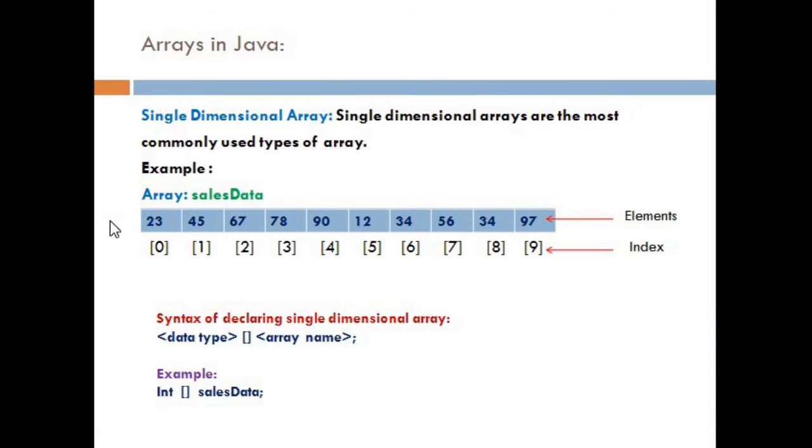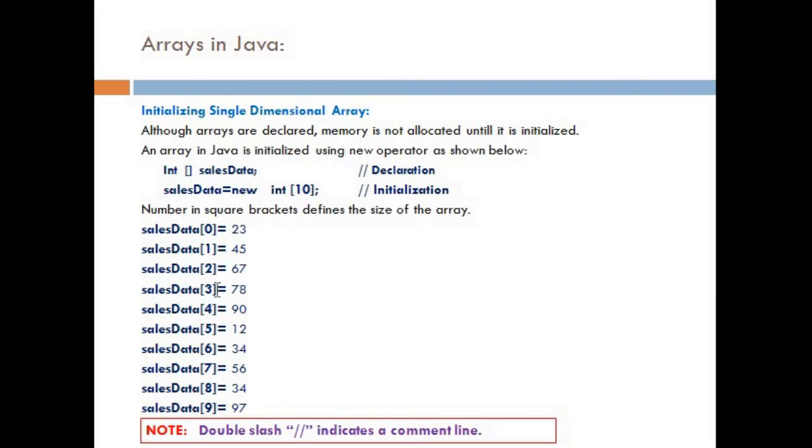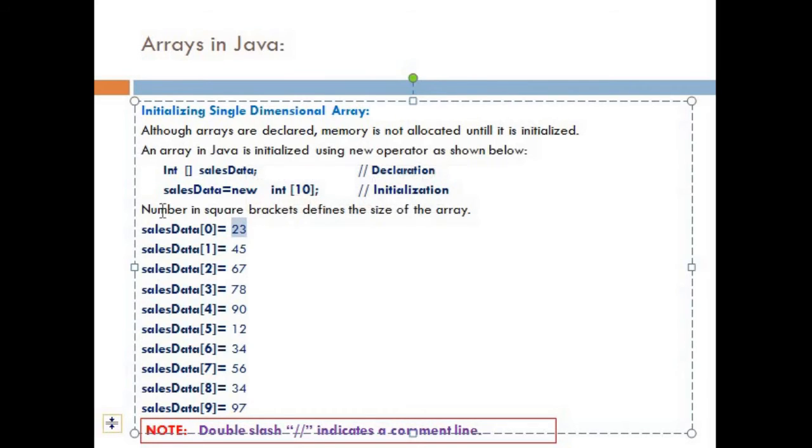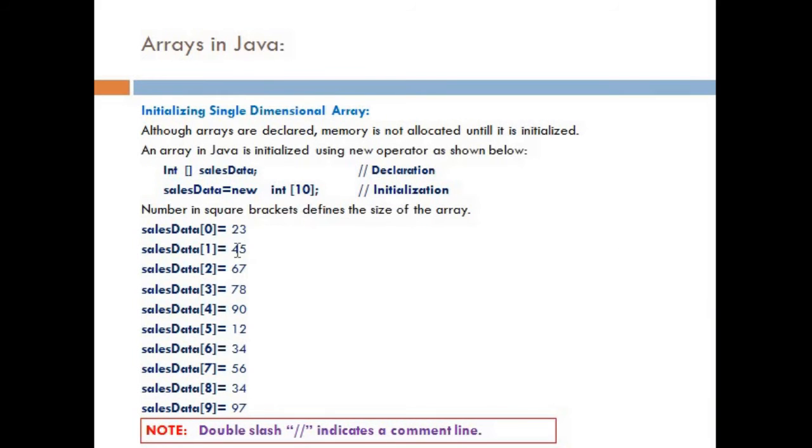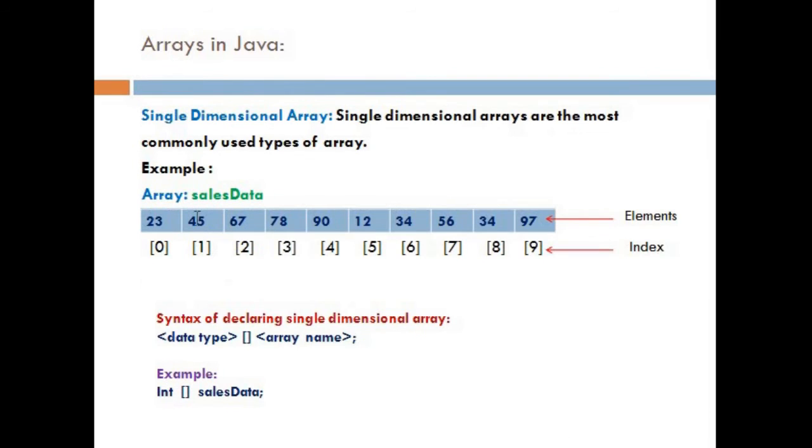Now since we are initializing the array called sales data with these elements at their respective indexes, we can assign the values for this array called sales data in this manner. The first value 23 gets assigned to the array variable sales data at the index 0, which is this one, that at the index 0 the value 23 has been assigned. The second value 45 has been assigned to the array variable sales data at the index 1, and this has been shown here.